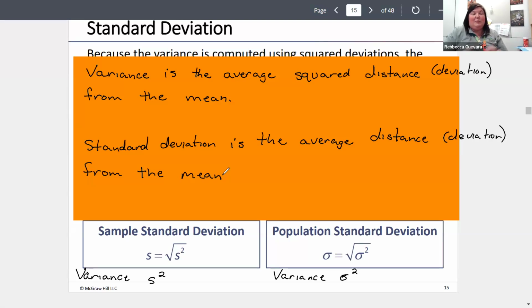So I'm expecting that most batteries are going to have a battery life somewhere between, let me see, 2.6 and 5.4, because both of those are about 1.4 from the mean. So it's kind of telling me, averaging out the distance, the variations that we're seeing in that data.